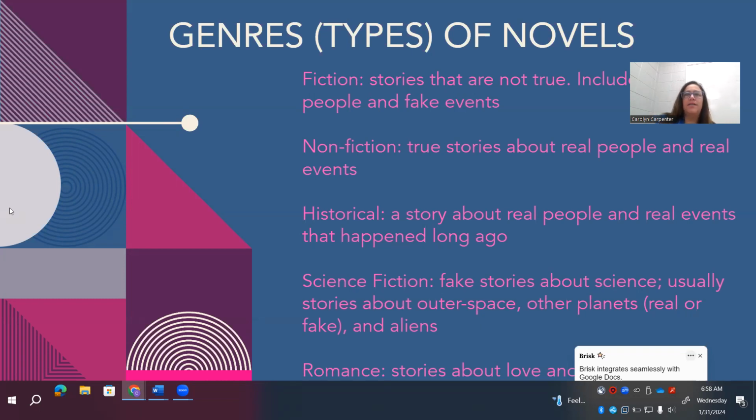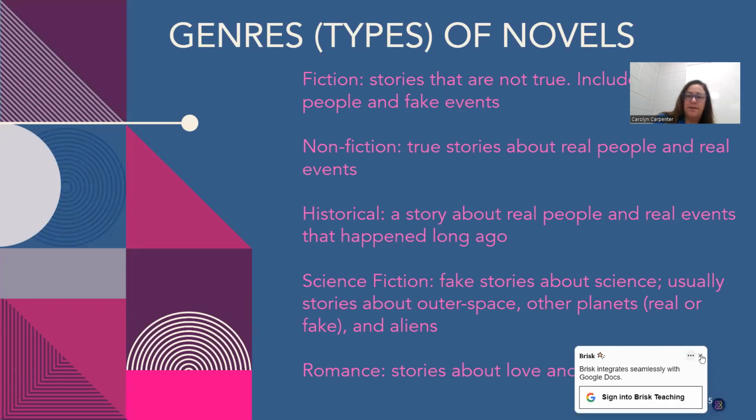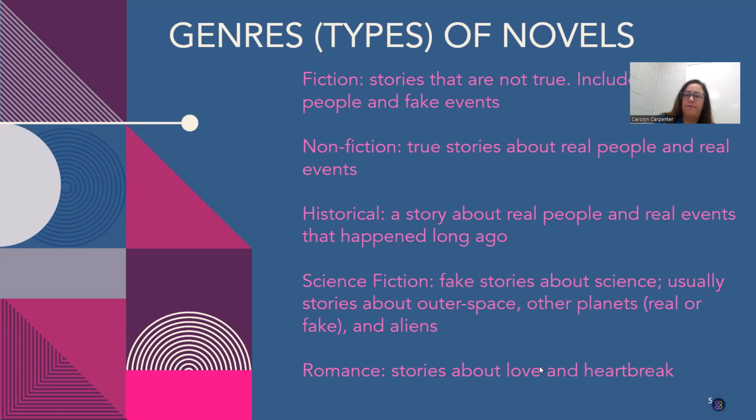Historical novels tell stories about real people and events that happened a really long time ago. We also have science fiction, and science fiction are fake stories about science. Usually they're stories about outer space, other planets, aliens. And then, of course, you have romance stories, and romance stories are stories about love and heartbreak.